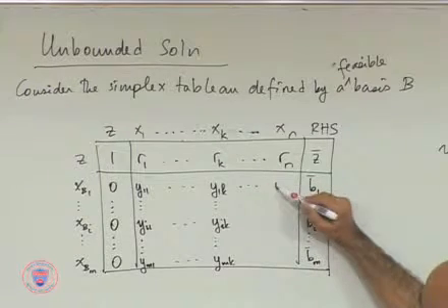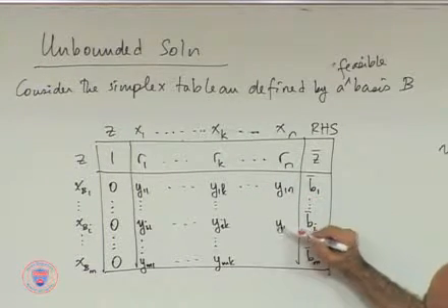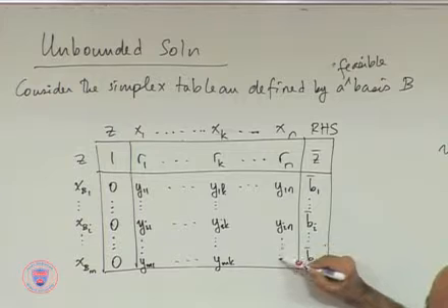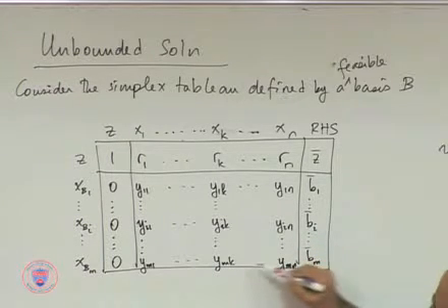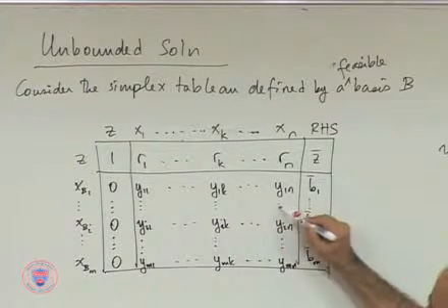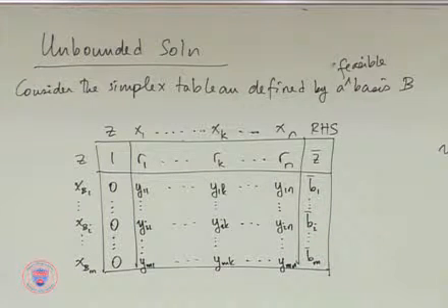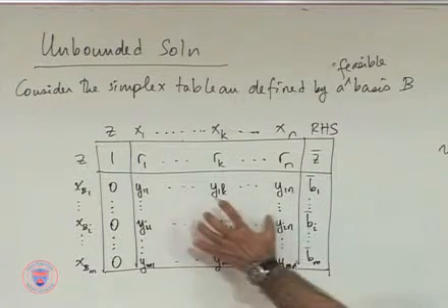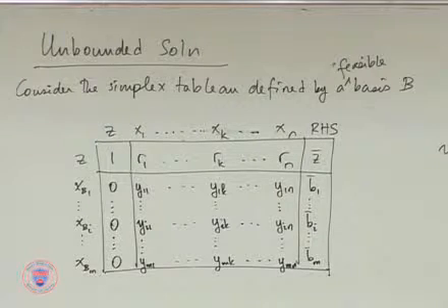Similarly, for the last one, y1n, yin, ymn. Like that, okay? This part, the y part, is B inverse A. That's it. Okay.